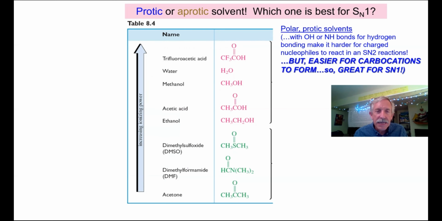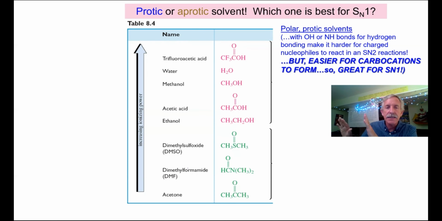If I'm creating a carbocation that is charged, full charge, if you were fully charged, would you rather be swimming in a nice polar solution of water or a very non-polar solution of acetone? Wait, I need help. I'm a 3-bonded charge, help me. And the acetone would be like, sorry, dude, I have no real passion to want to interact with a charged molecule.